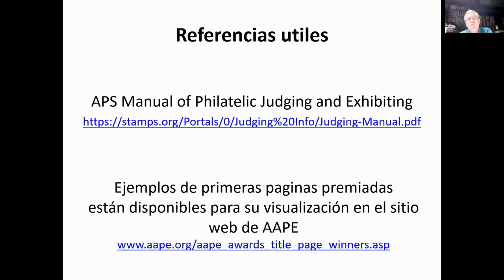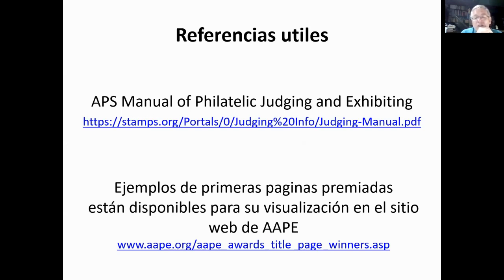Now, just a couple of references that go into a lot more detail about some of the things I've talked about. First of all, the APS Manual of Judging and Exhibiting. Although it's predominantly focused on judging, judging and exhibiting are really the left and right hand. They're basically two sides of the same coin.